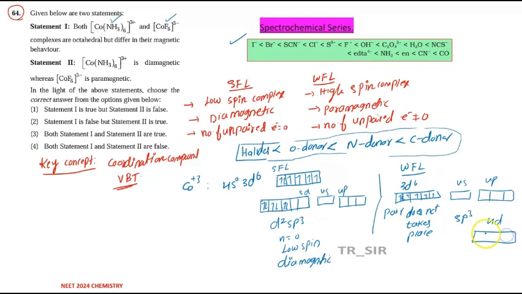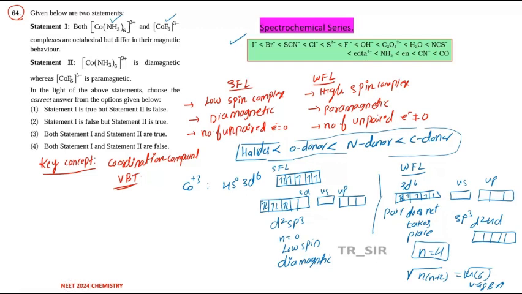So the number of unpaired electrons is four. If I want to find the magnetic moment, it is the square root of n into n plus 2, so 4 into 4 plus 2 becomes 6, and we get 4.98 Bohr magneton.